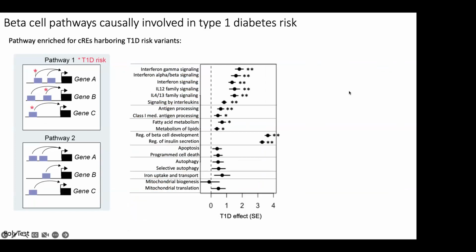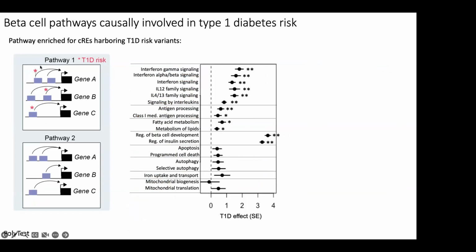Okay, so the last part of this part of the story is that, as I said, since we use genetic data to try to understand causality, we wanted to know which of these pathways that are changing in type 1 diabetes may have some evidence for playing a causal role in the development of disease.